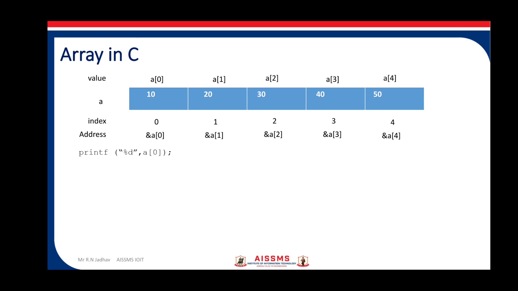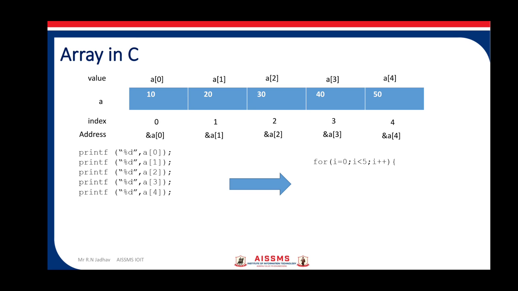Now how to display these elements? That can be done using a simple printf statement where you can use A[0], A[1], A[2], A[3] and A[4] to display the value of the memory location. In this case you can also use a loop.